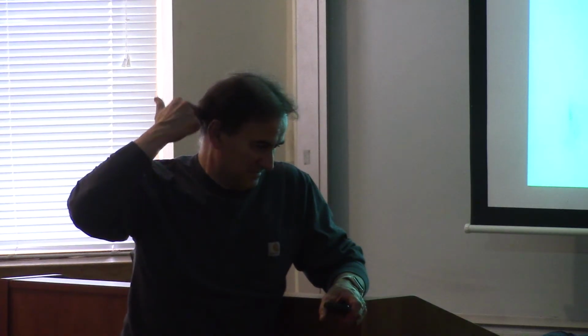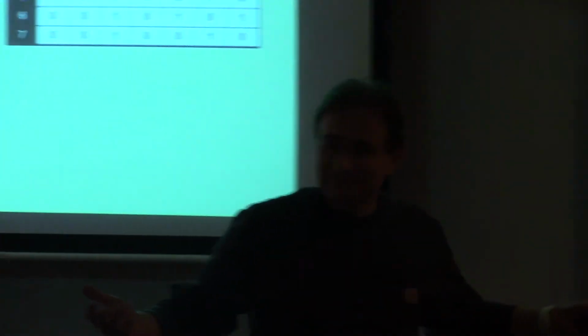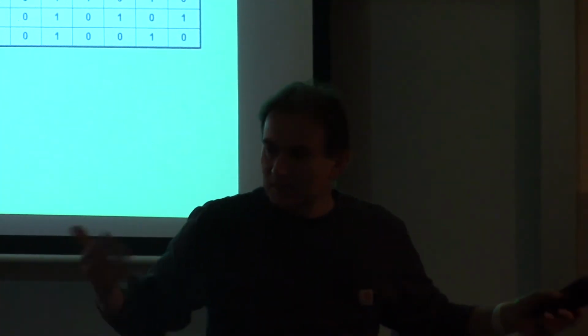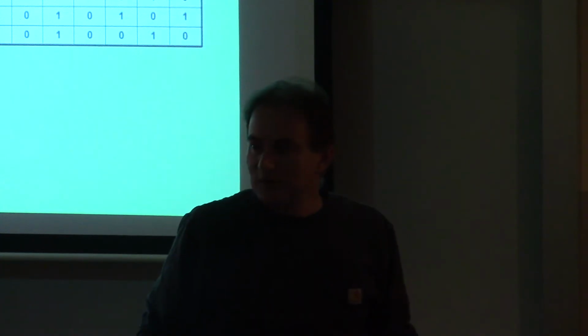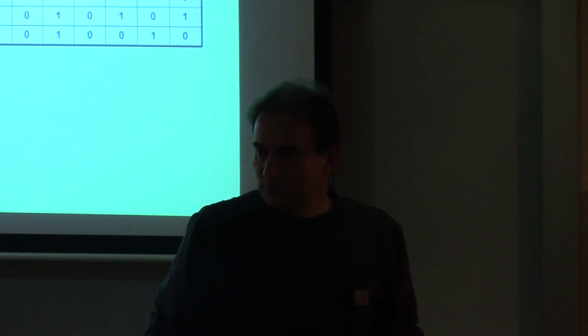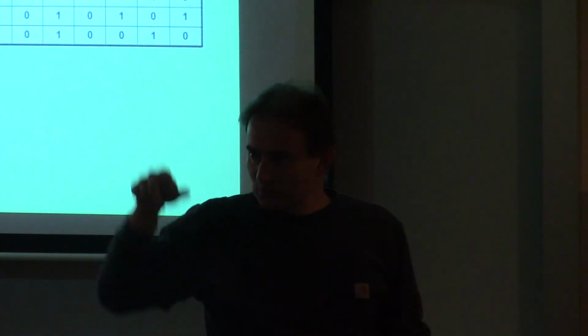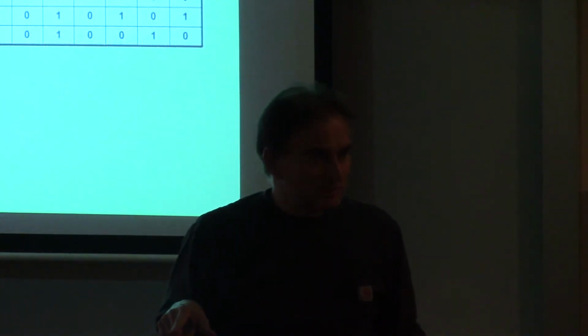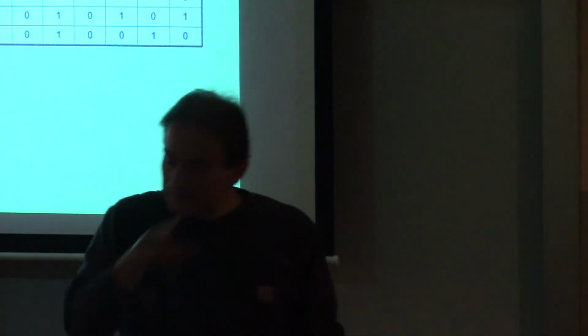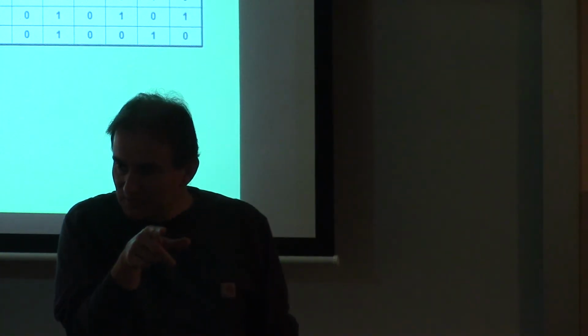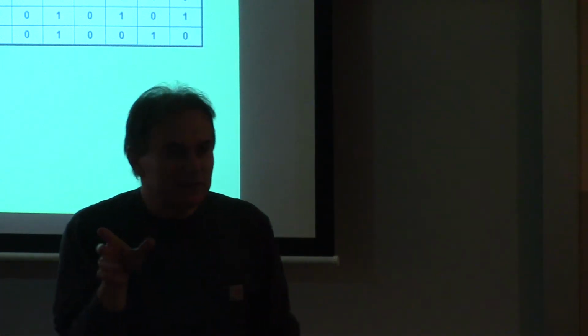What's 1,000,000 over 1,000,000,000,000? Well, what's 10 to the 6 over 10 to the 12? 10 to the 6 over 10 to the 12 is 1 over 10 to the 6, which is 1,000,000. Times 3 connections per gate, you would have 3 millionths.